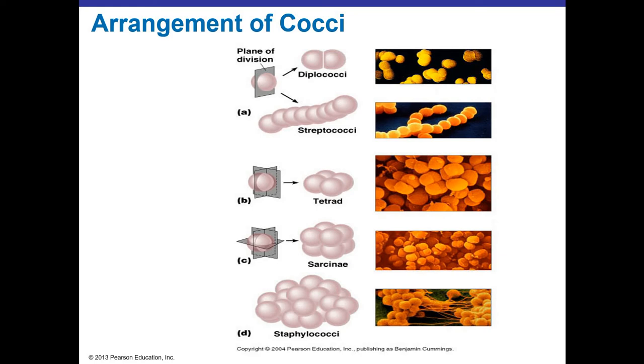Then if they have perpendicular planar divisions, we can get things such as tetrads and a cube shape, sarcinae, and we also have grape-like clusters. Grape-like clusters are staphylococci, and we see that these arrangements often give rise to the genus names that we'll begin to explore throughout the term.